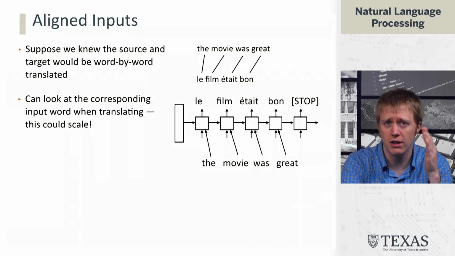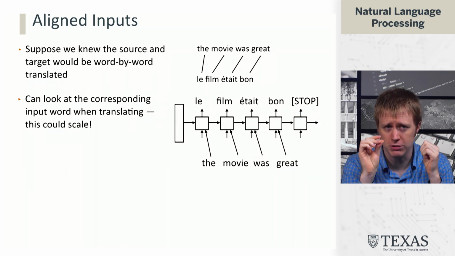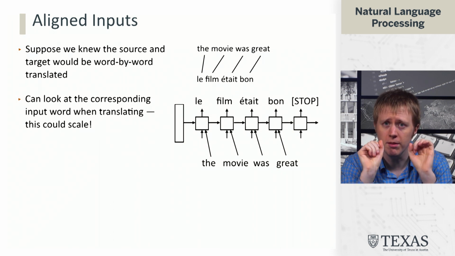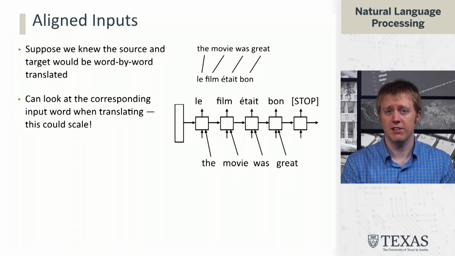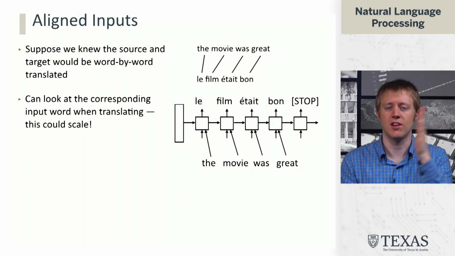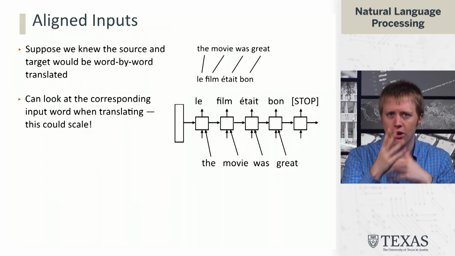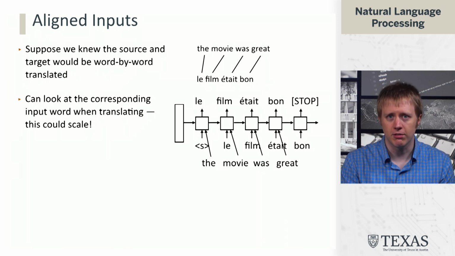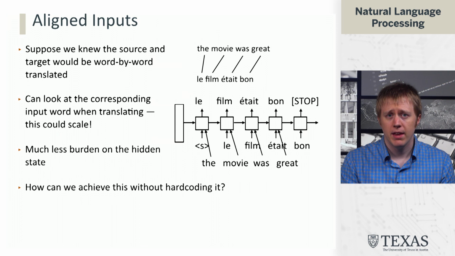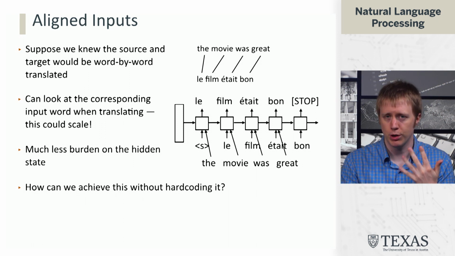Because we're not only seeing the context word, but we're actually seeing the word that should directly be translated at this time step. So all the model needs to learn to do is to take movie and map it into film. And this is much easier than remembering that it saw a movie 6 time steps ago, and now at this point in the LSTM decoder, we've seen this word and it should generate that. This is much easier, right? And so it removes a lot of the burden on the hidden state to do this complex modeling, and so this would generally be pretty cool.